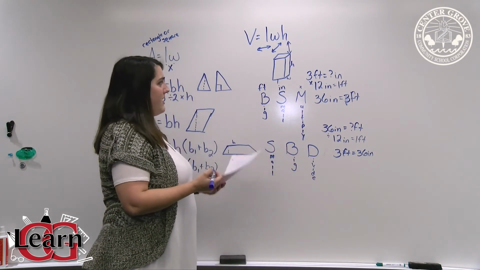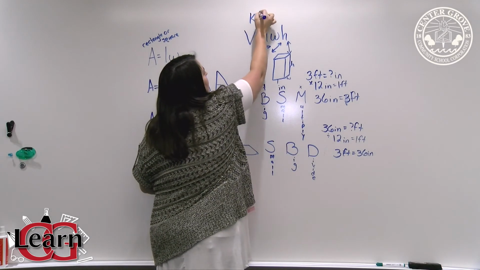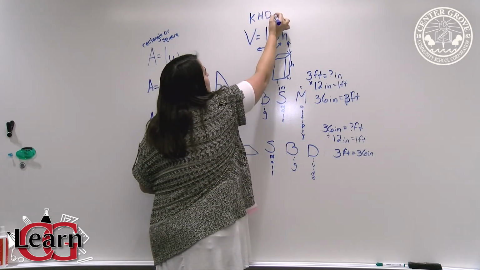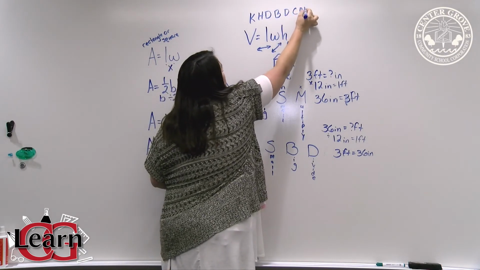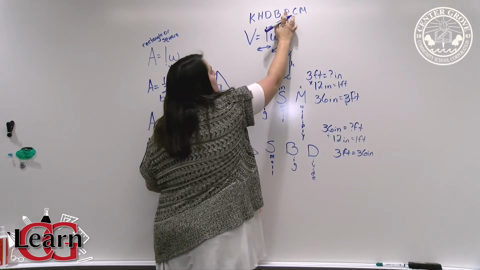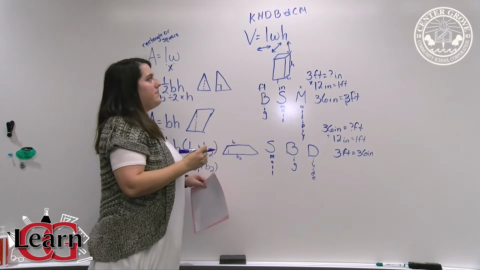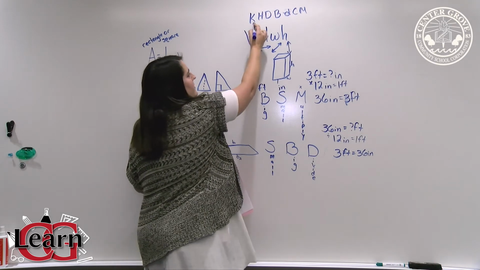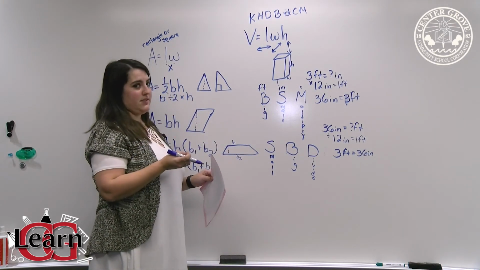If we wanted to do metric units of measure, we would think of King Henry died by drinking chocolate milk. And this one is actually a lowercase d. And each one of these stands for a different metric prefix.